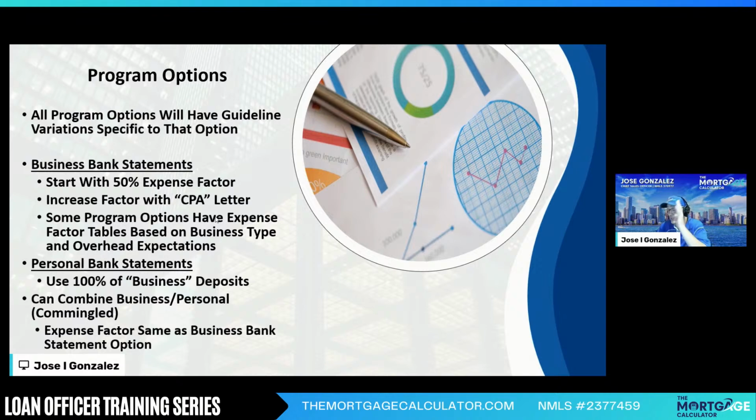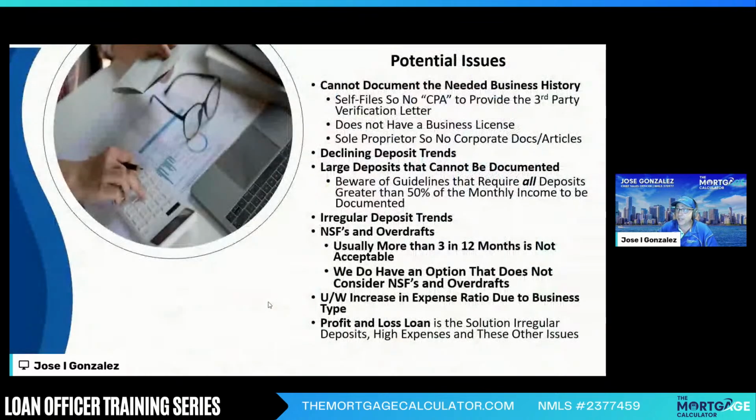So keep that in mind. It would be 50-50, for example, if you had a 50% expense factor in the business, and with commingling, it's an across the board application of the expense factor.